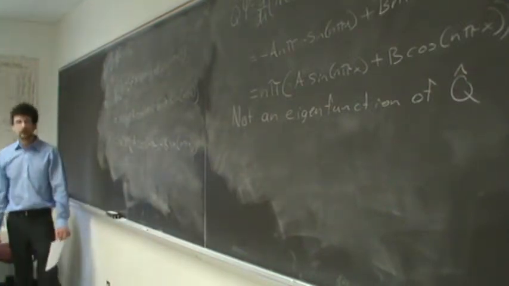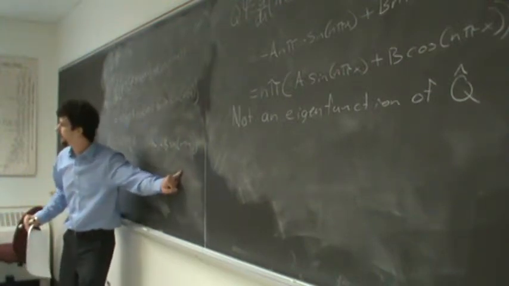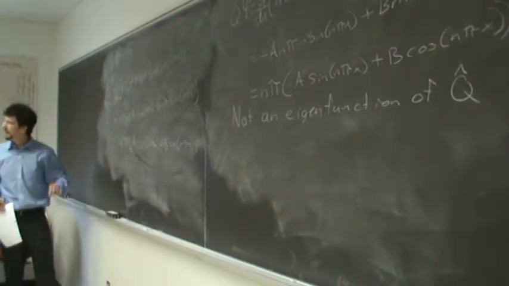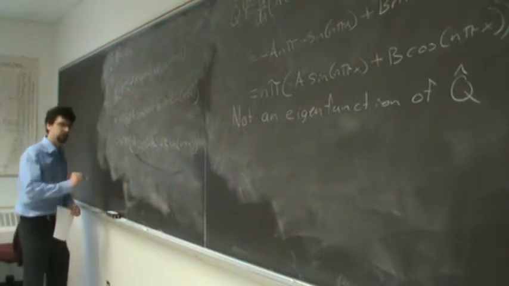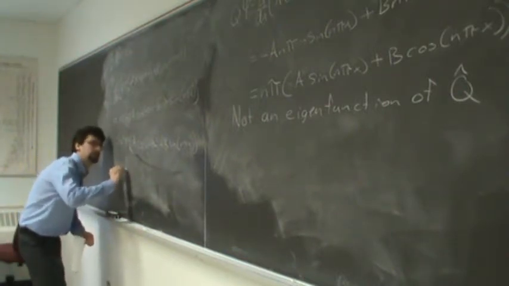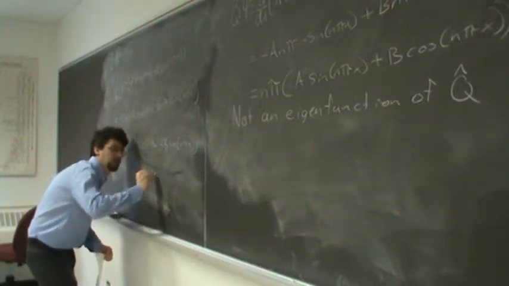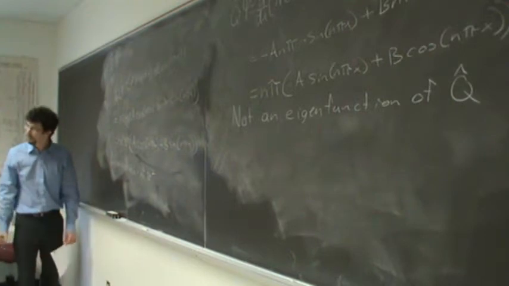Okay, so yep, we get our original function back. Okay, what is the eigenvalue then? Negative n squared pi squared. Yep. So this is an eigenfunction then.